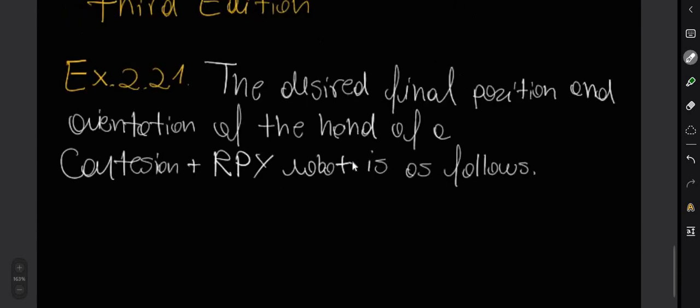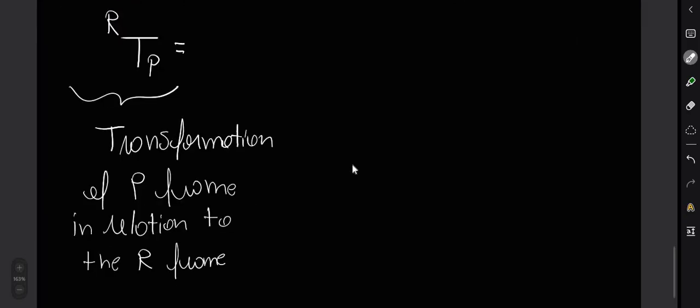Well, see, it's all about text interpretation. P frame is the final position. The book doesn't make this explicit, but it's your job to do this interpretation. So P is the final position and R is from referential. So it is the transformation of the final position in relation to the reference frame.